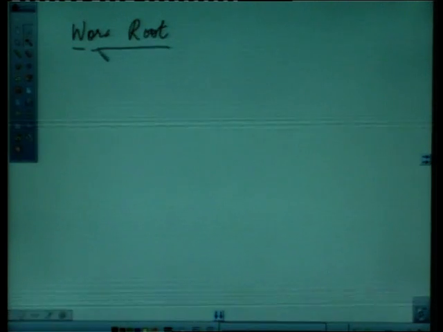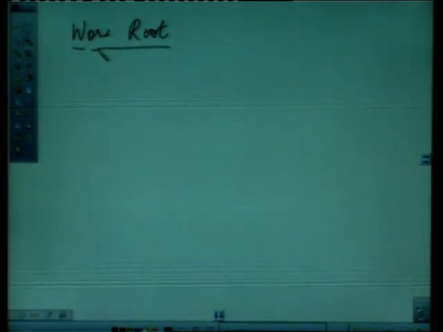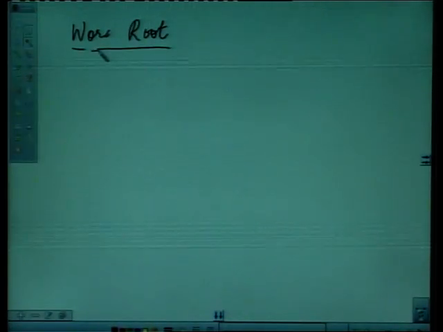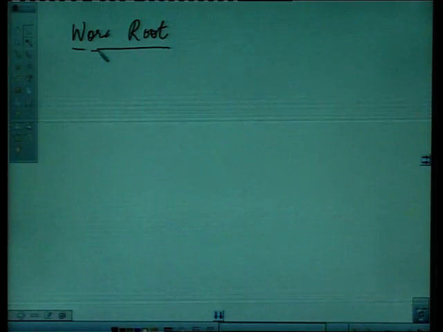Word root tells how many carbon atoms are there. It gives the basic unit of the name. It specifies the number of carbon atoms in the longest continuous chain.